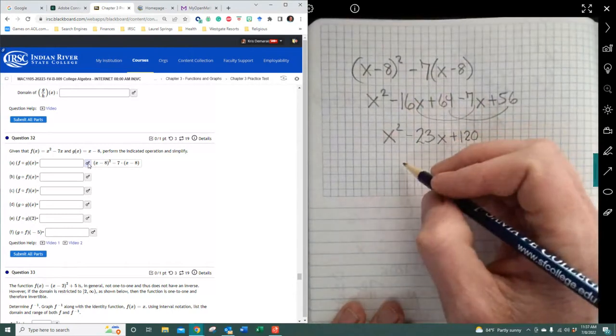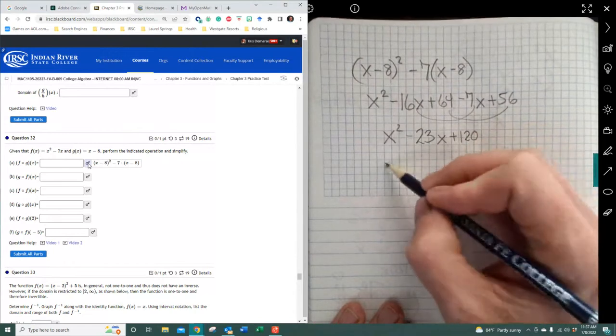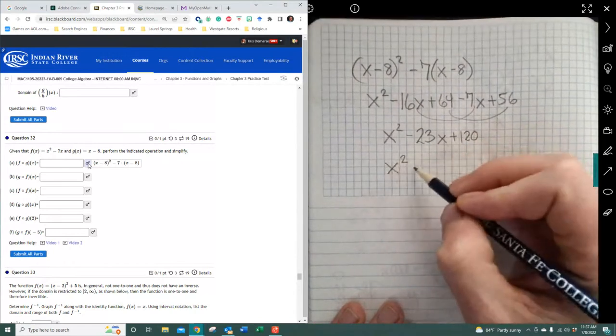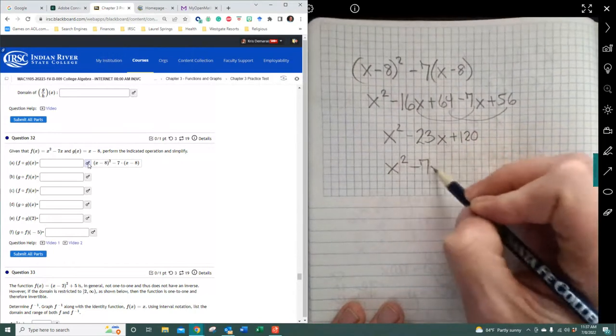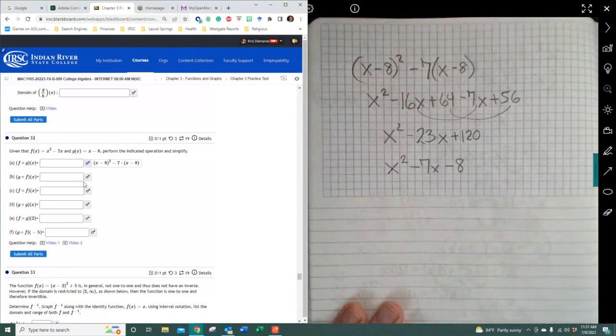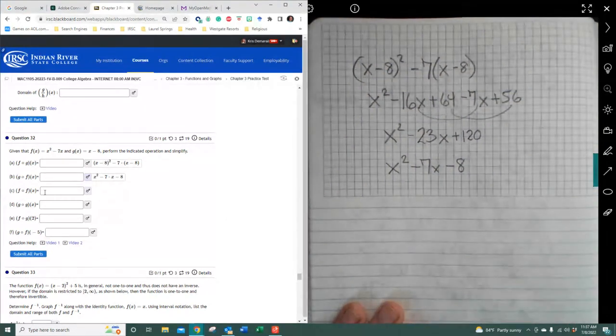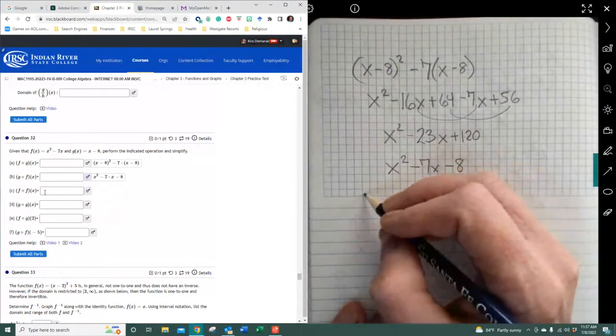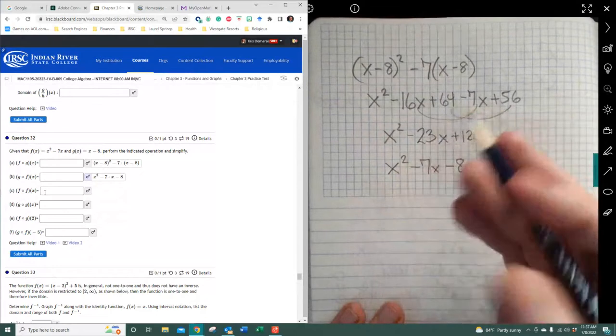So anyway, so f into g. You're going to put f, or x squared minus 7x, in for x, and then minus 8. That's the answer we're looking for there. But again, it looks kind of goofy the way they put the dot between that, but it is in fact the same exact answer. Now you're going to go ahead and do the f of f.